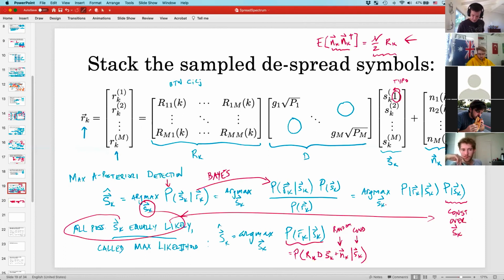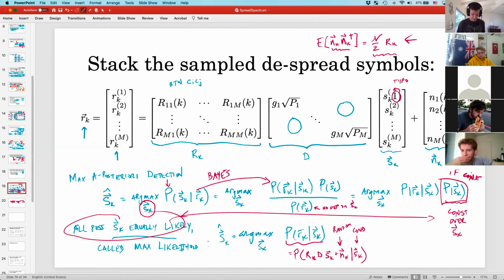And then we say that because we're optimizing over the s vector, this has no dependence on s vector. So maximizing with it in, with it out doesn't matter. And then lastly, the last simplification you can make is that if this is constant, i.e. if we have equal priors, then multiplying everything in a set by a constant doesn't actually change the order which is biggest.